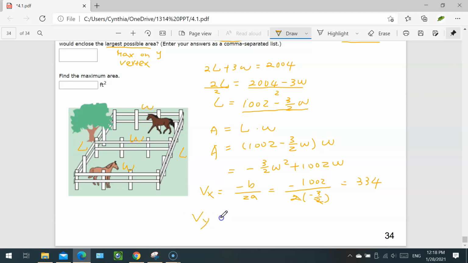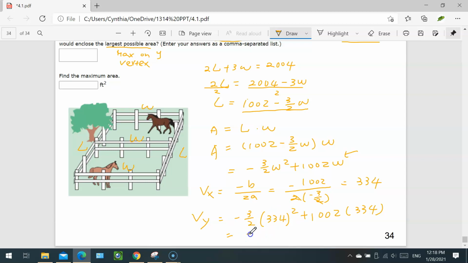Now for the vertex point on y, I just substitute this number back into the function. So negative 3/2 multiplied with 334 squared plus 1002 multiplied by 334. Let me use my calculator. I have 334 squared, then divide by 2, multiply by 3.